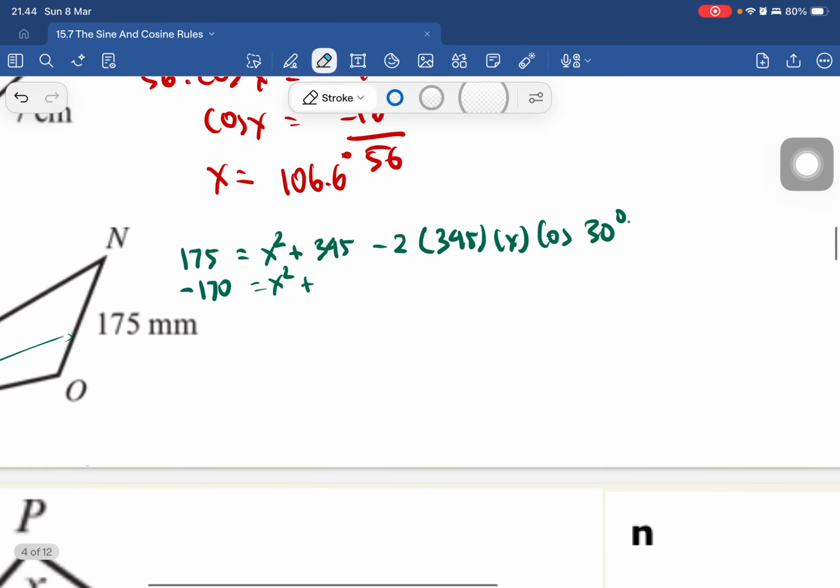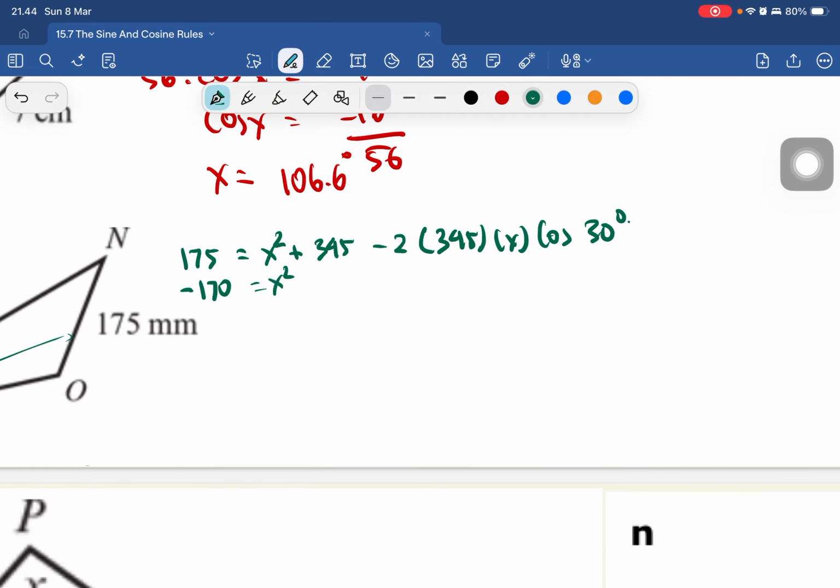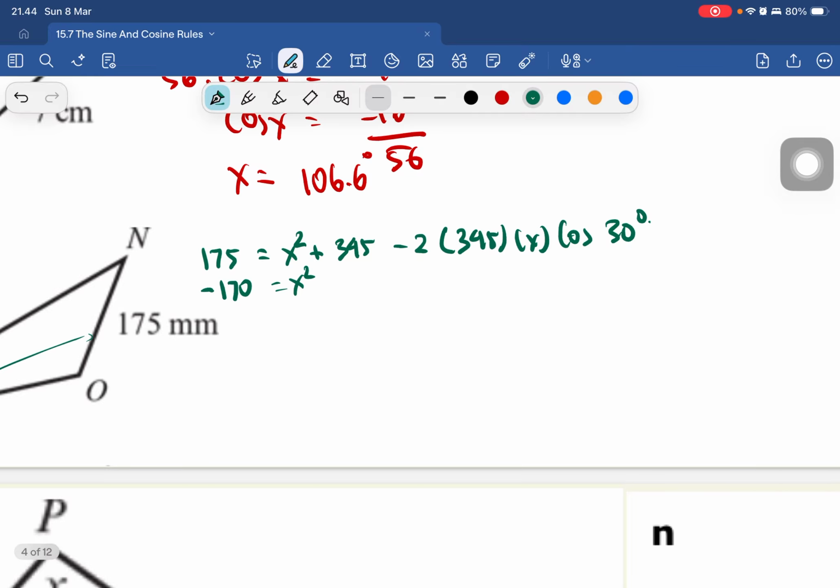So here is going to be 2 minus 2, we multiply it with 345 and multiply it with the cos 30 degrees.